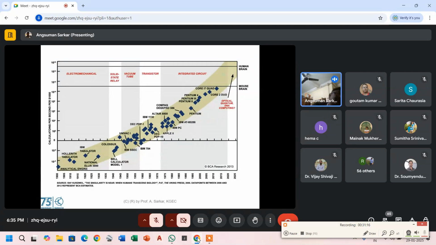And see the calculations made per second by investing $1,000. The number of operations or calculations made was also increasing, and it is growing exponentially. Initially we used the Hollerith tabulator or analytical engine, then IBM tabulator, then Colossus, Bell calculator.